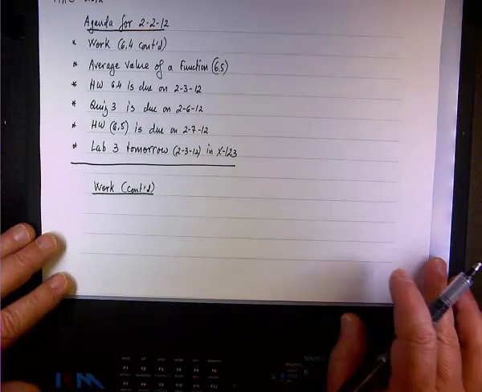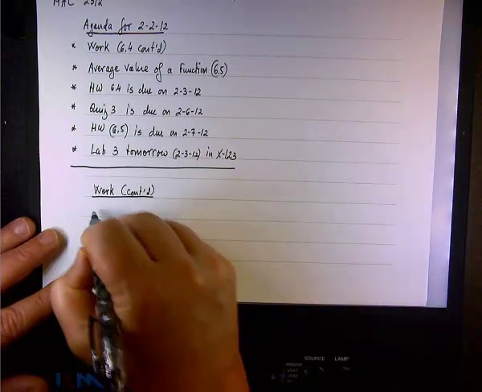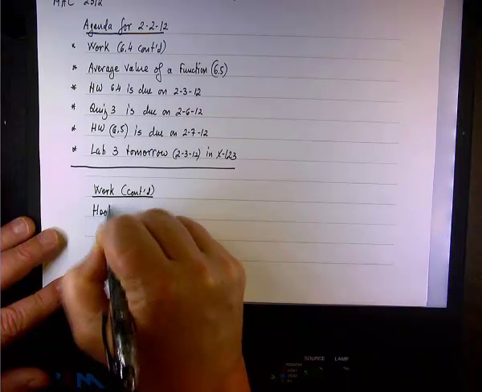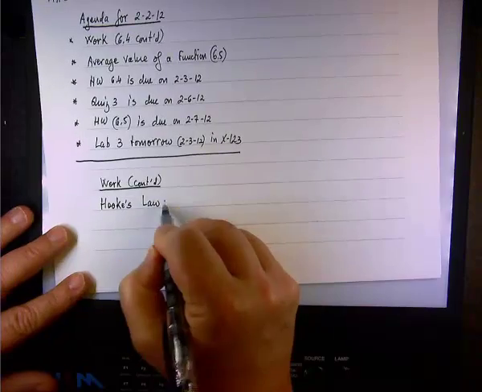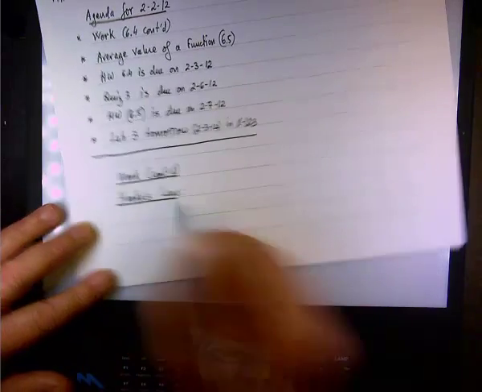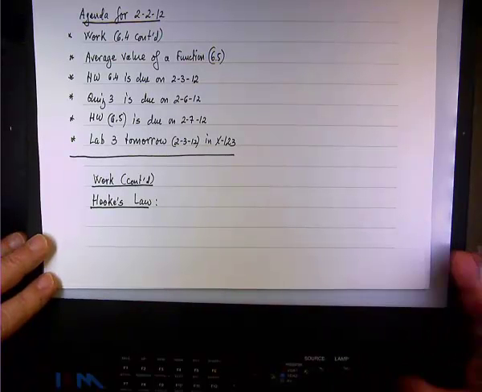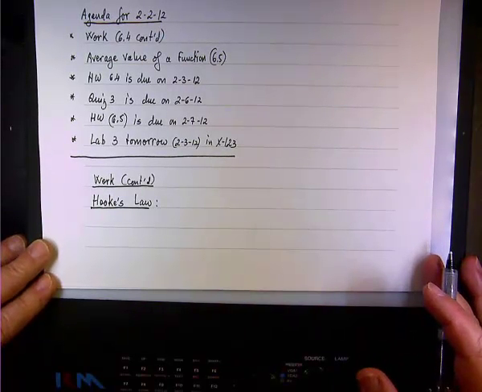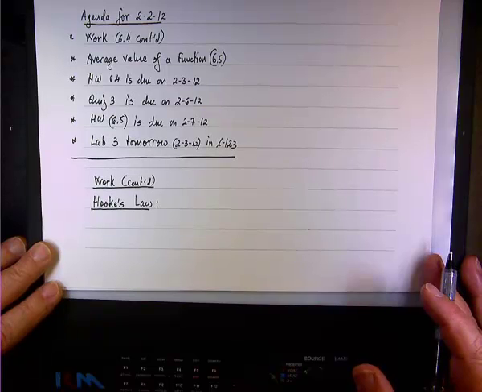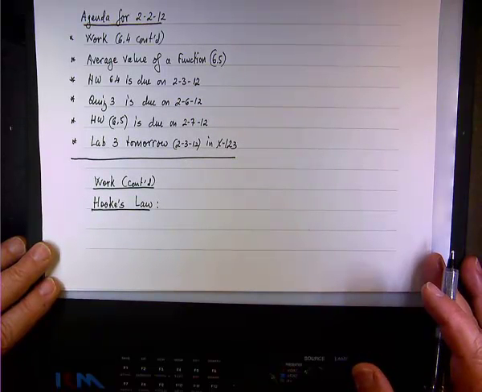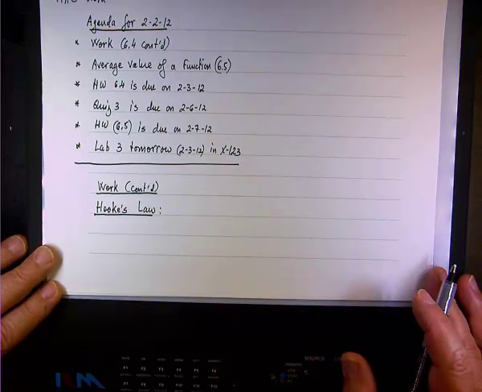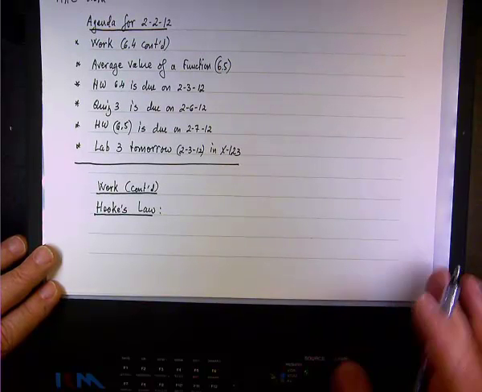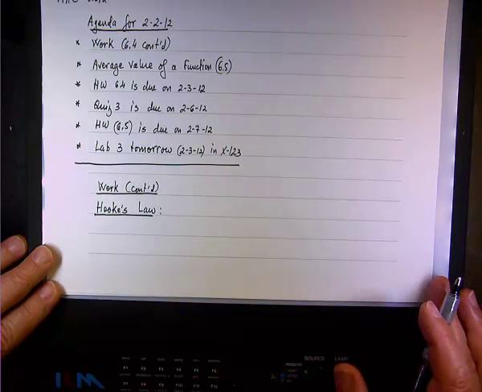Let's recall Hooke's law. Applied to a spring or other elastic object, when we apply force we encounter resistance due to elasticity, either of the spring or rubber band or something like that.